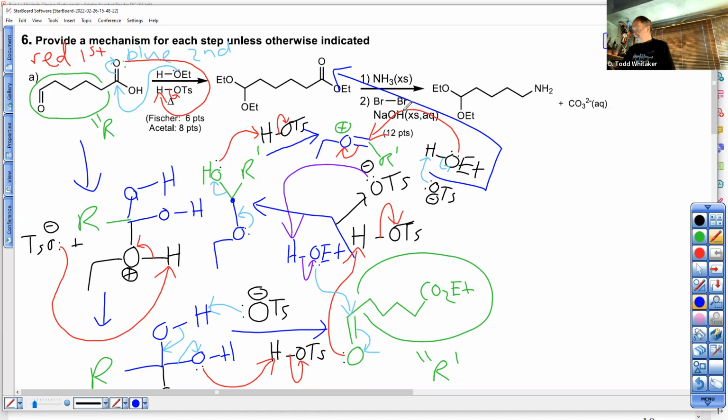So aminolysis, it doesn't need to be activated because an amine is a more reactive nucleophile than an alcohol in our previous example. So we don't need to activate our carbonyl. We've got excess NH3. Let's see, I already have the R from before.